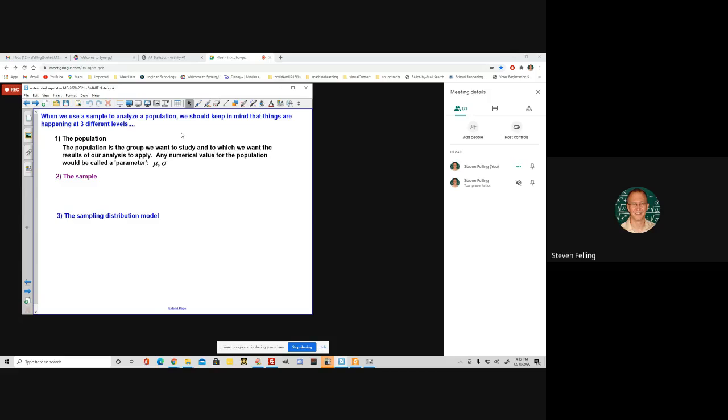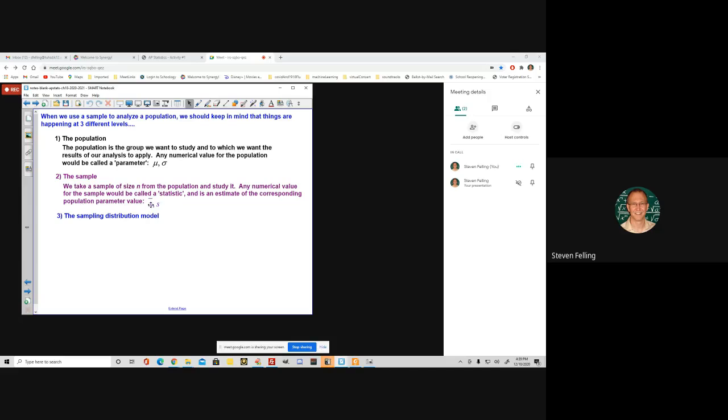The second level that we work at is the sample itself. When we take a sample of size n, n being our letter for the sample size, from that population, then if we compute a numerical value from an analysis, that's called a statistic, right? Parameters go with populations, statistics go with samples. And we typically use regular letters instead of Greek letters.